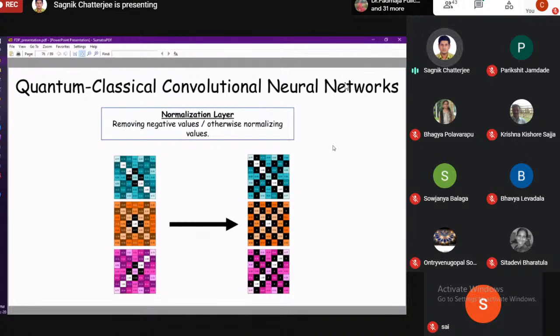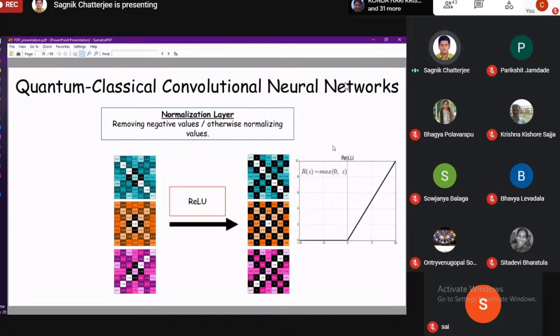We'll be using the ReLU normalization, the rectified linear unit. It works like this: any negative values are mapped to 0 and positive values remain, as it's a linear function for the positive values. The interesting thing is ReLU is a non-linear function, so it can be mathematically shown that using enough ReLU layers you can approximate any function you like.